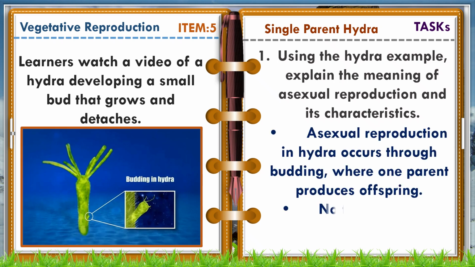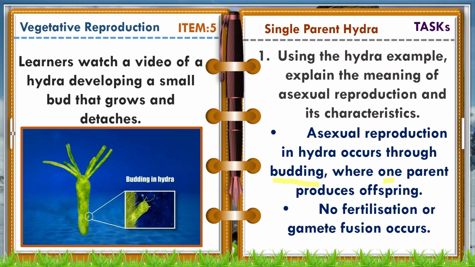Asexual reproduction in hydra occurs through budding, where one parent produces offspring and no fertilization or gamete fusion occurs. So we don't have any fertilization taking place, no gametes fusing, but it is budding, forming a new organism.